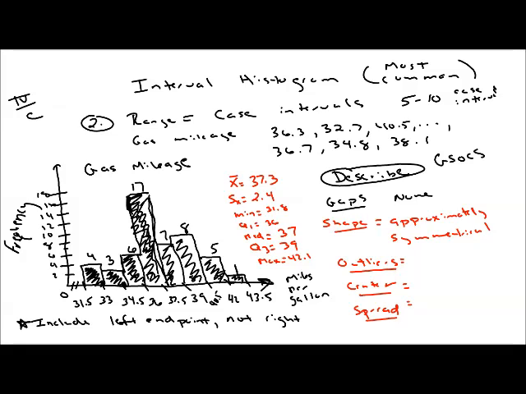So now, since this is approximately symmetrical, I can use mean. The mean is at 37.3 miles per gallon. And if we use mean, we should use standard deviation. So now we have to determine, are there any outliers?